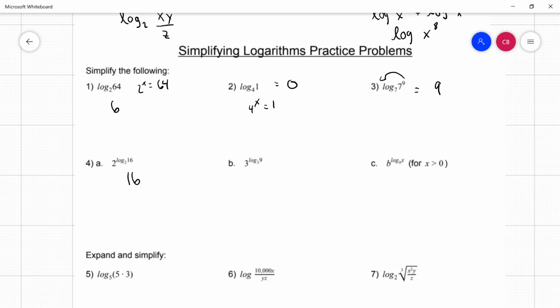I think that's a rule from earlier in the other page, so yeah, remember this is 2 to the 4, so it's going to end up being 16. So this is 3 to the, well, this is going to be 9. Next one, this one's going to be x.